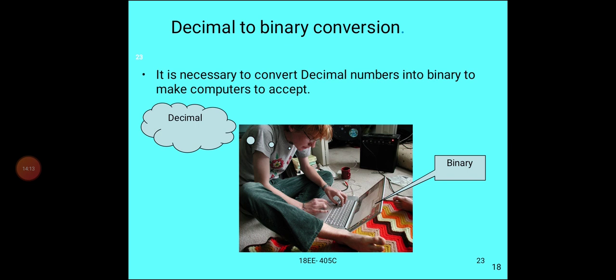Internally, it is converted into binary. The CPU can understand only digital signals. It can process only digital signals, that is binary.